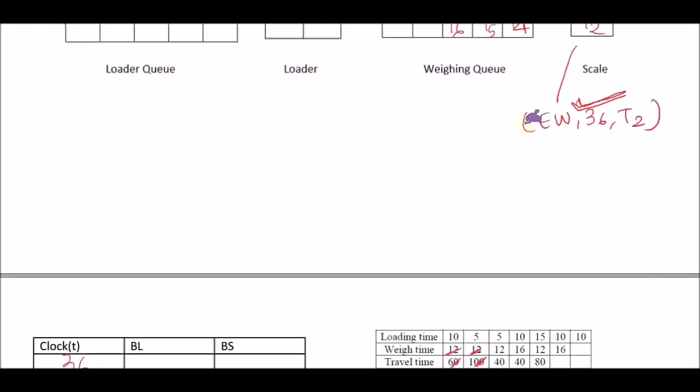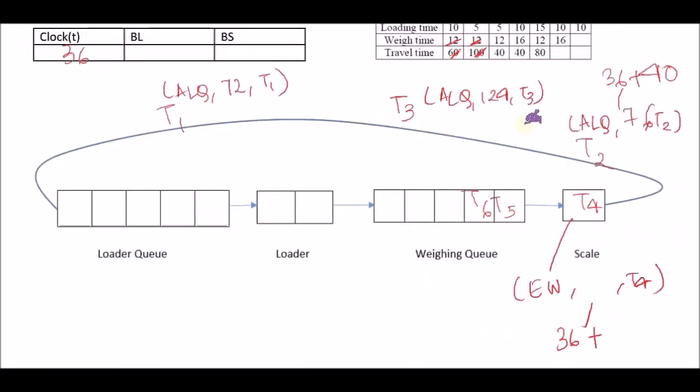So this is going to be 12 and 12, and now I have 16. So I'm going to get this as 52. Okay, and so I have these future event lists. Now let's calculate BL and BS.